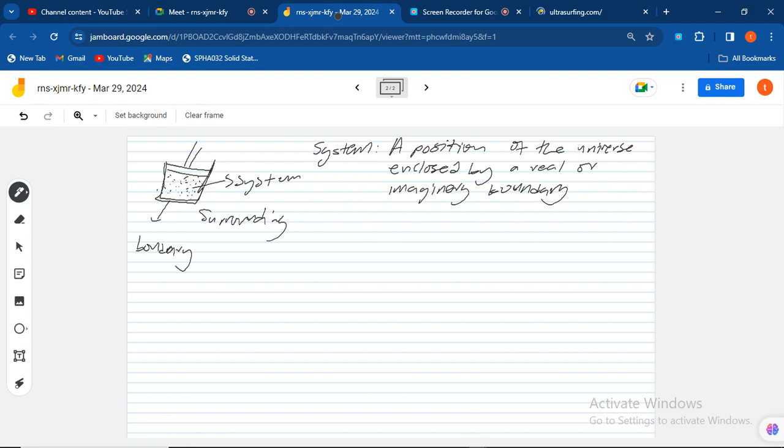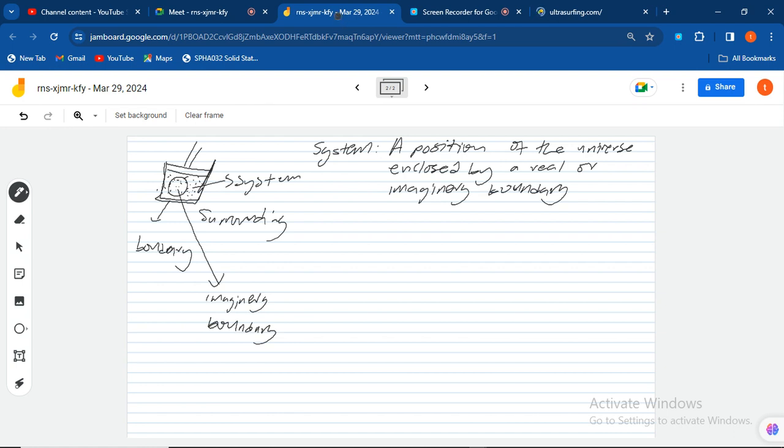And then now, when you talk of an imaginary boundary, inside this boundary or inside this system, you can think of having another boundary. So that one will be regarded as an imaginary boundary.